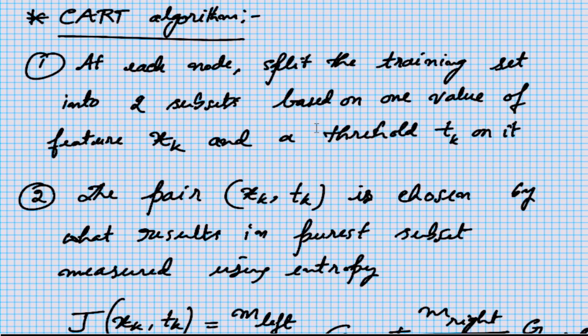The CART algorithm is the training algorithm of the decision tree. The procedure is like this. You start with a node. At each node, you split the training data set into two subsets: something which satisfies, something which does not satisfy, a yes or no type.